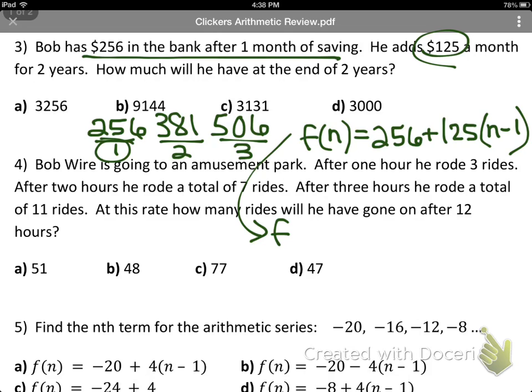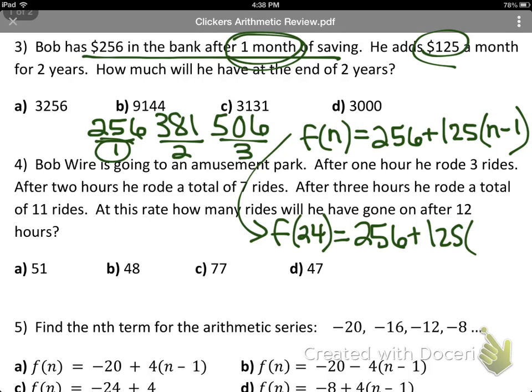I want 2 years, and since I'm talking about months, I'm talking about 24 months. So in this case, we've got 256 plus 125, and then 24 minus 1. And that turns out to give us answer C on this one.